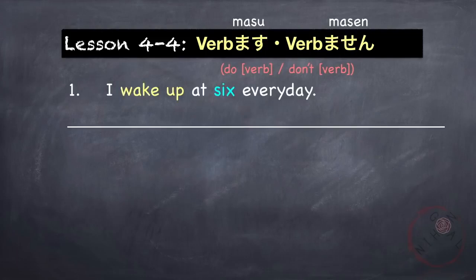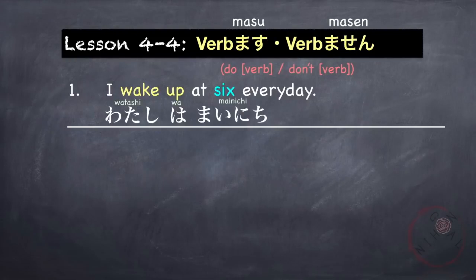For example, I wake up at 6 every day. 私は, every day is 毎日。6 o'clock is 6時。6時に, wake up is 起きます。私は毎日6時に起きます。I wake up at 6 every day. Or you can just say, I wake up at 6 if it's a habitual action.